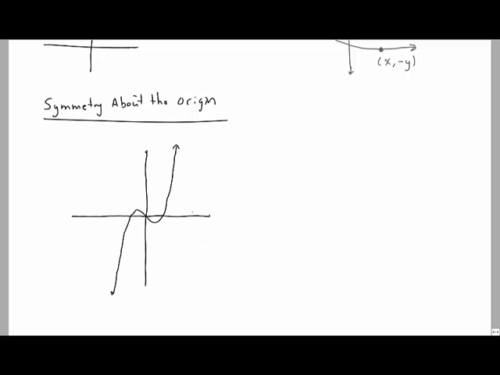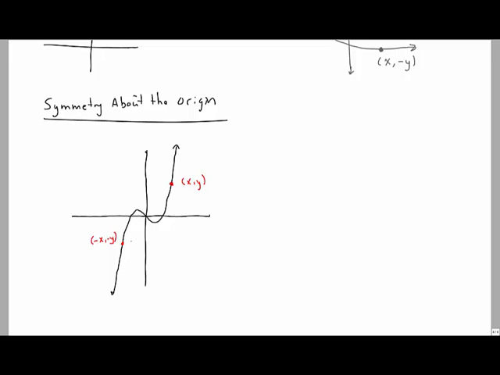Now this example is symmetric about the origin. Now when I talk about symmetric about the origin, it's not as obvious to see. But what ends up happening here is if I have an ordered pair, let's say x, y, I have a mirror image of that ordered pair down here at negative x, negative y.